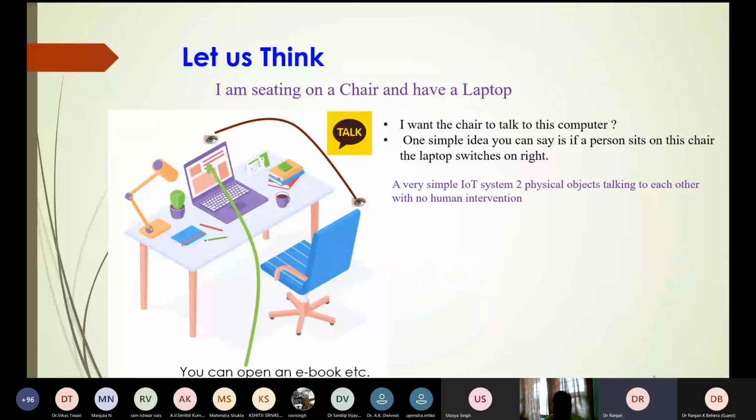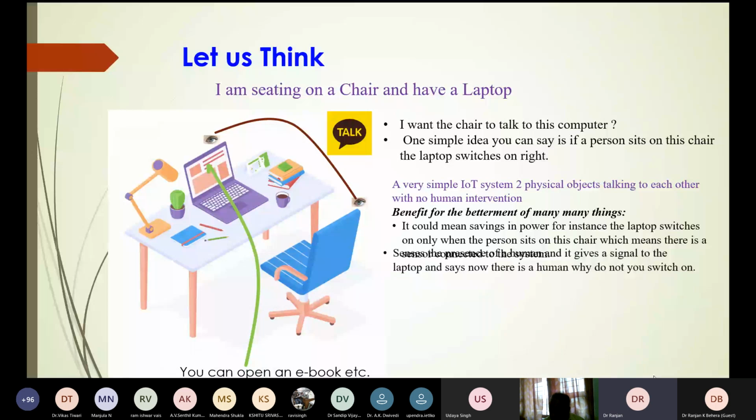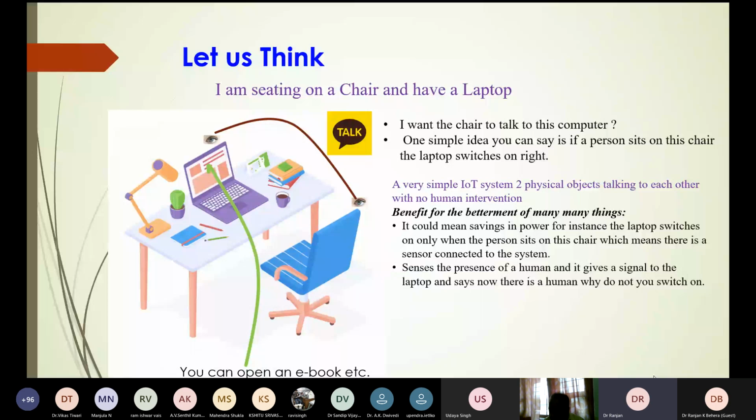After that, the laptop switches on as soon as people come. You can see that this is a very simple IoT system: two objects that want to talk to each other with no human intervention. So what is the benefit? You can save power, and you can also save most of the time.